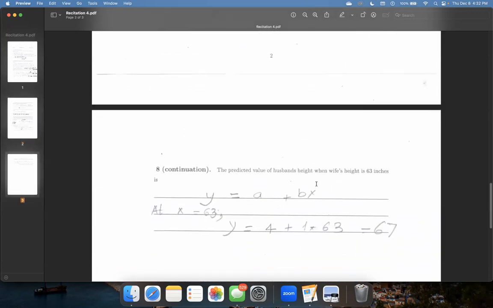And our x is given right here. Our wife's height is 63. So now we want to find, okay, what is our y? Because we want the predicted value of the husband's height, and y is men. So at x equals 63, our y equals 4 plus 1 times 63, and that equals 67.